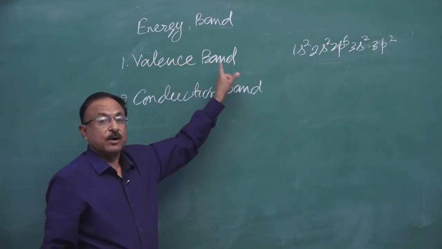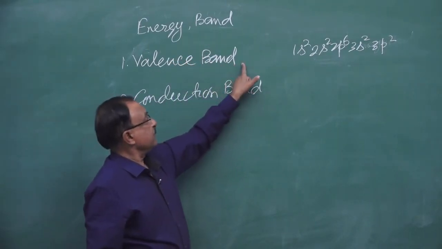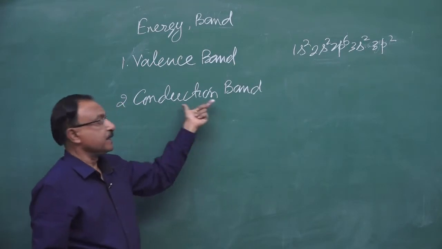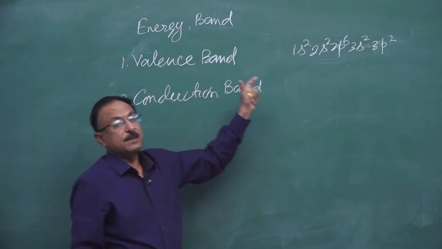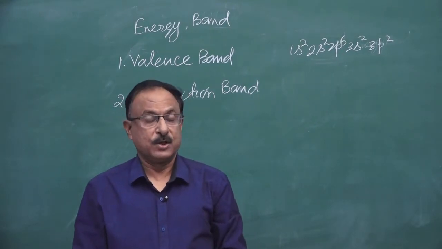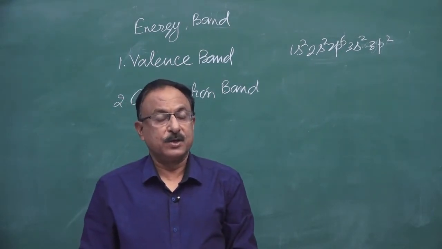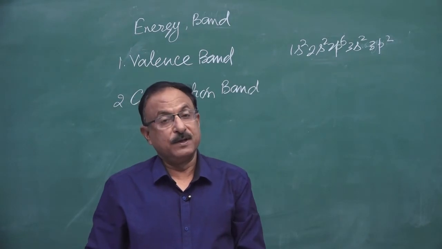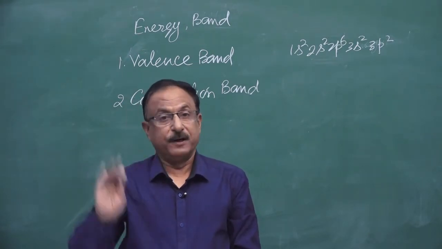Energy bands are of 2 types. First is the valence band, and the second is the conduction band. The valence band is the energy band which includes the energy levels of the valence electrons. These are the energy levels which are outermost and filled.